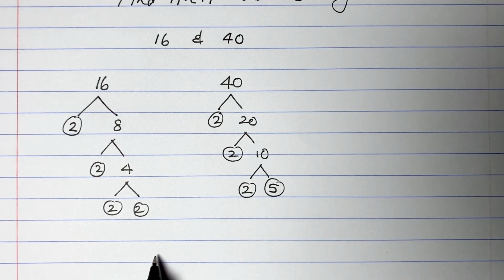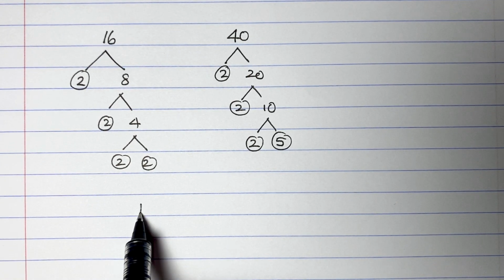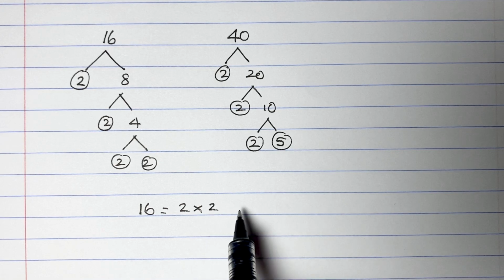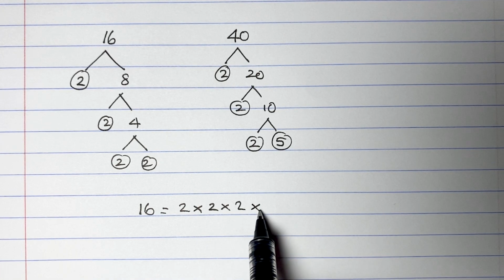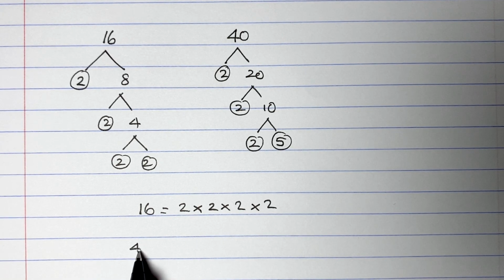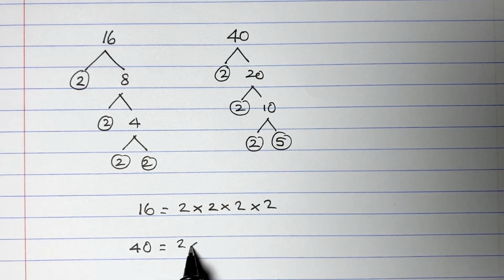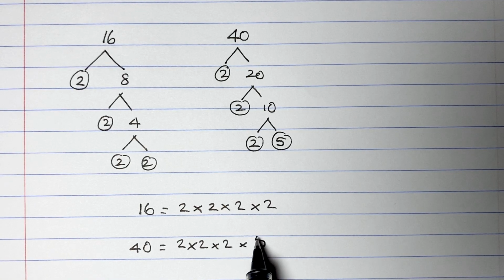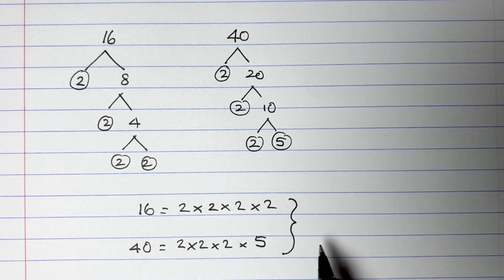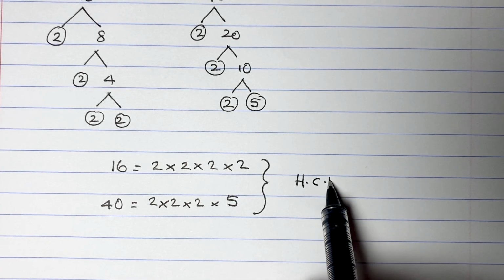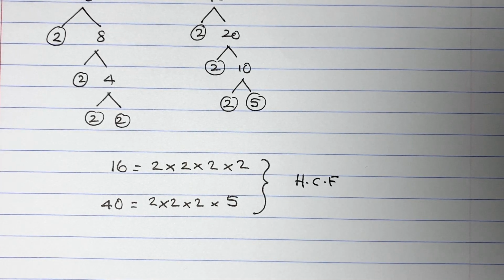So let's list them now. 16 equals 2 times 2 times 2 times 2. And 40 would be three 2s times together times 5. Let's go for the HCF, the highest common factor.